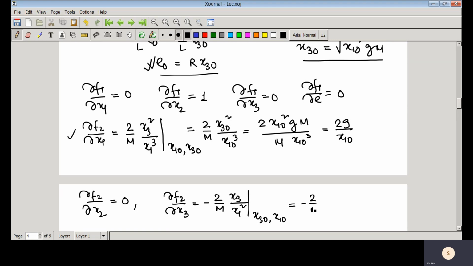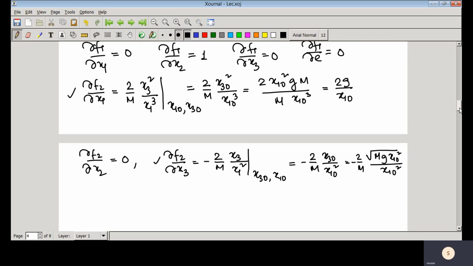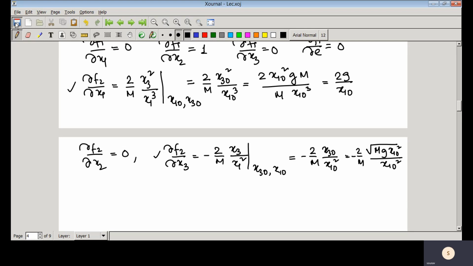So you get 2 by m times x30 divided by x10 square, and replacing it here gives minus 2 by m times the square root of mg by x10 square. So we get del F2 by del X3 calculated at the equilibrium point.